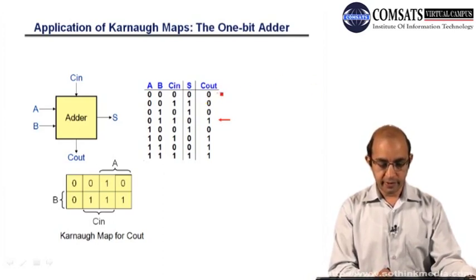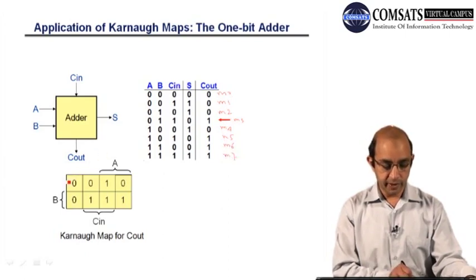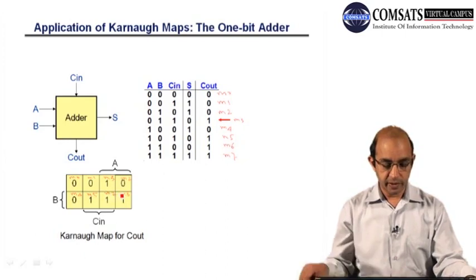So this is M0, M1, M2, M3, M4, M5, M6 and M7. I will be writing the same here: M0, M1, M2, M3, M4, M5, M6 and M7.